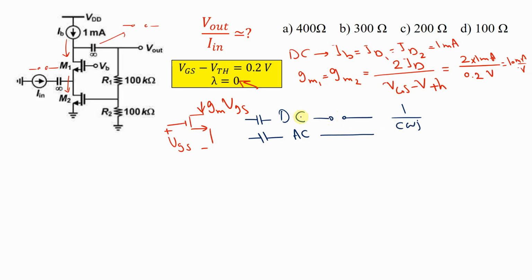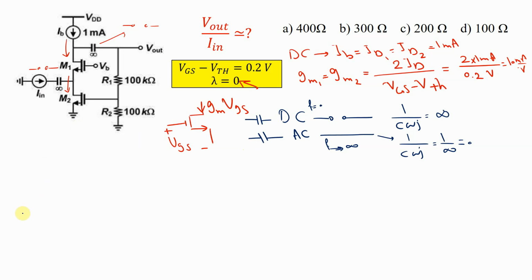In DC, f equals 0, omega is 0, and 1 divided by 0 is infinity. But in AC, as f goes to infinity, 1 divided by infinity is equal to 0. So the impedance is 0, meaning the capacitor has to be a short circuit. This is the difference between DC and AC when you model a capacitor.